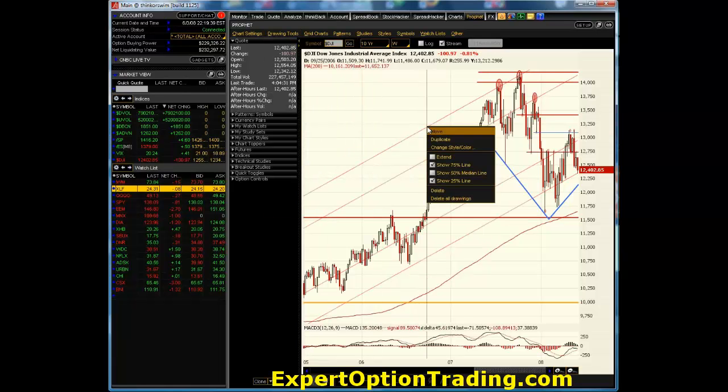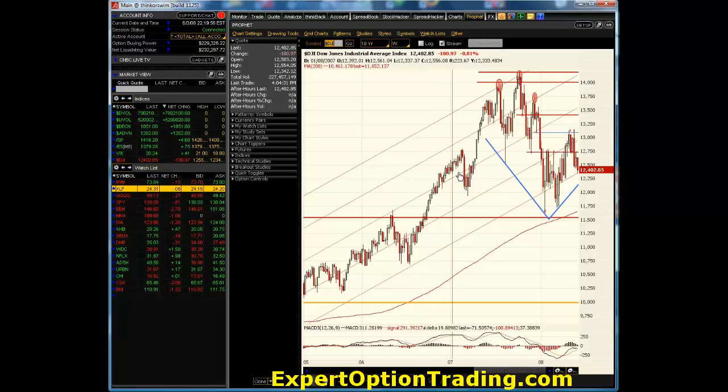I can show you too that if you highlight this, you can show the 75% line, which is this upper middle line, and you can show the 25% line, which is this lower middle line. You can also show the 50% median line, which goes right through the center of it. And sometimes that's significant as well.